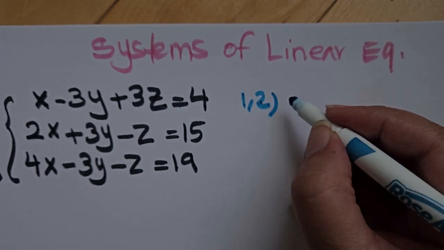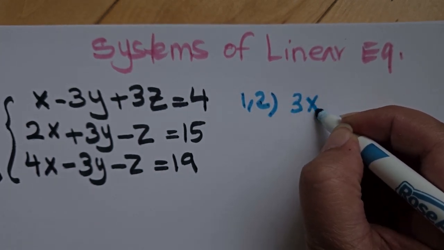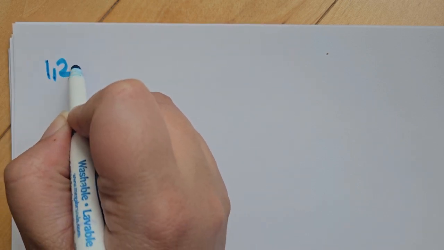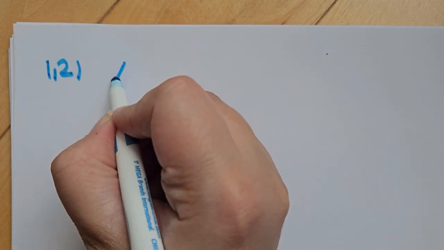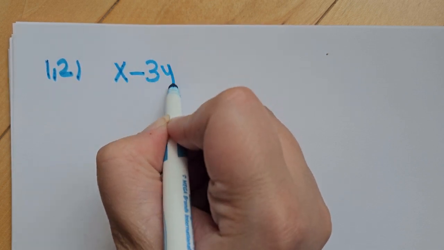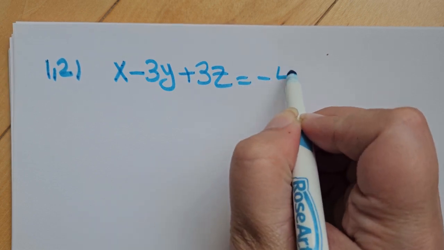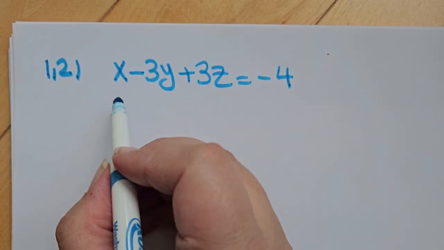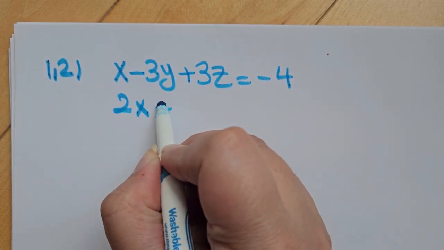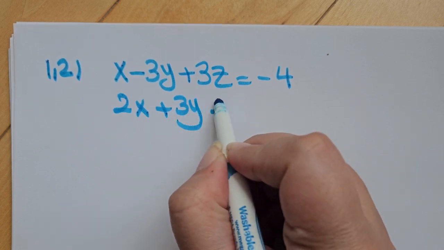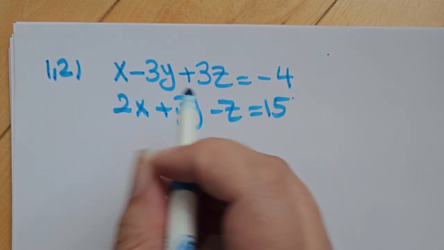So let me add them together. Equation number 1 would be x minus 3y plus 3z is equal to 4, and equation number 2 is 2x plus 3y minus z is equal to 15.